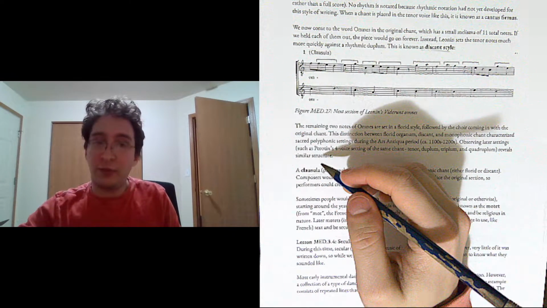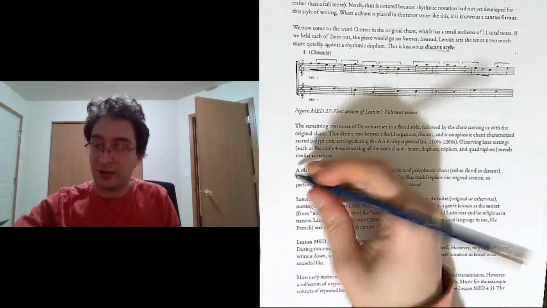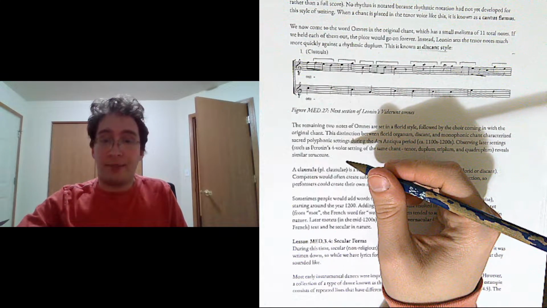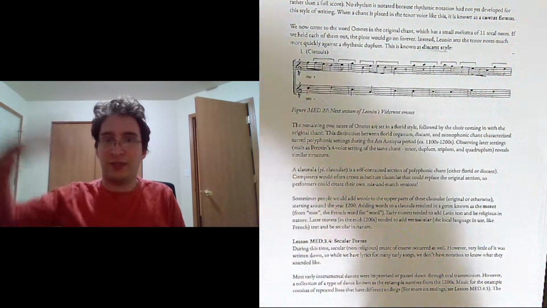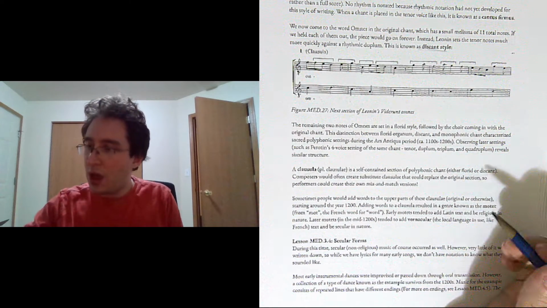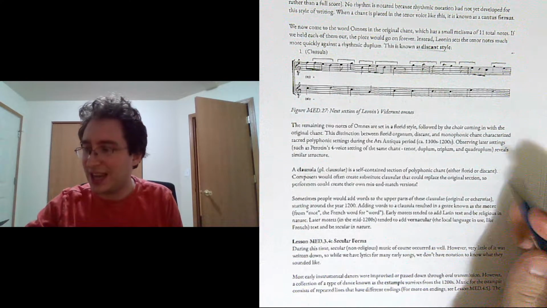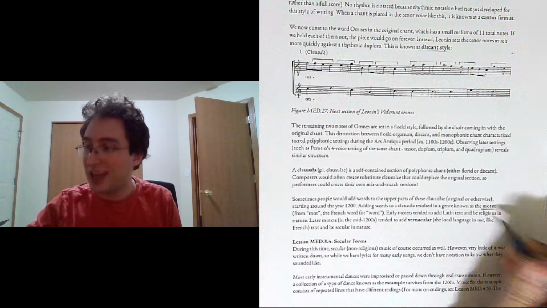In terms of moving forward with other forms of polyphony at this time, sometimes people would add words to upper parts of these clausulae, a section of discant or a section of florid organum, starting around the year 1200. More often, sections of discant. And adding words to a clausula resulted in a genre known as the motet.